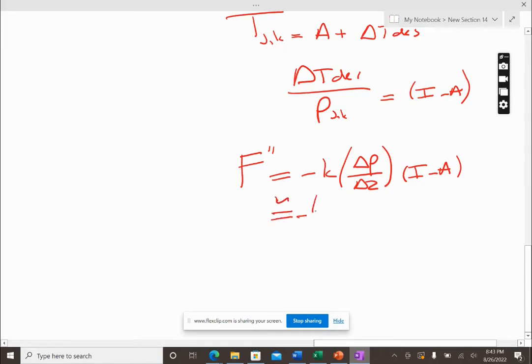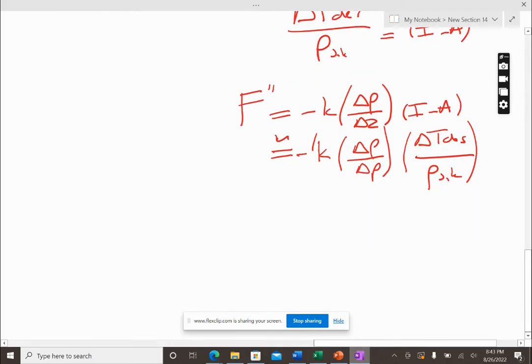And it's equal to negative K times the proportion gradient times delta T design over P. Now, in the previous video, we wrote tau is equal to negative K delta P over delta Z because these variables are pretty much constants.